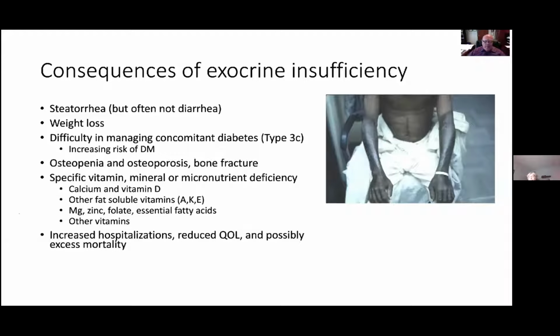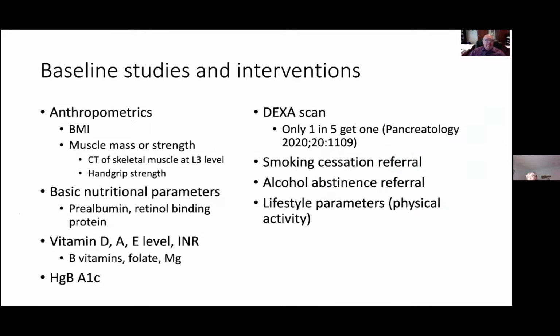And there's good data that having exocrine insufficiency has negative adverse outcomes in terms of need for hospitalization, quality of life, and even some data of excess mortality. So if you've identified a patient with exocrine insufficiency as you're considering starting enzyme replacement therapy, what are some baseline studies you could consider?